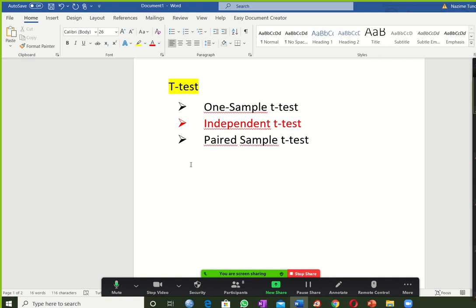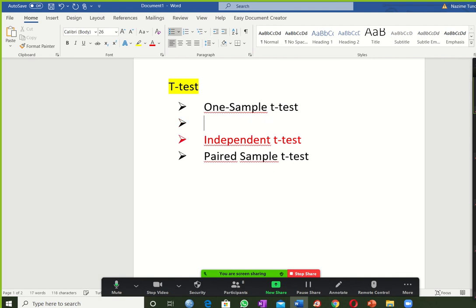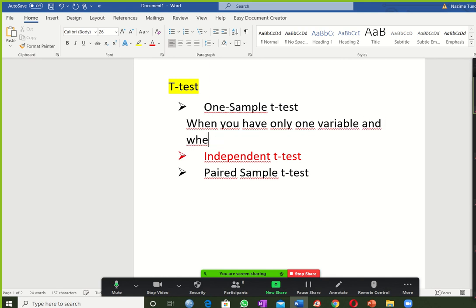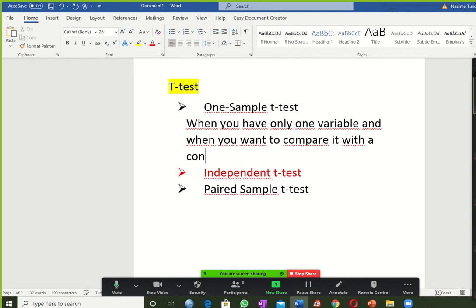Okay, so now the one sample t-test is when you have only one variable and you want to compare it with a constant value.